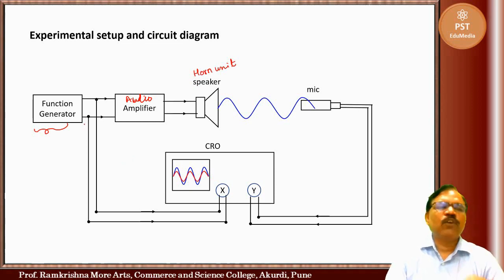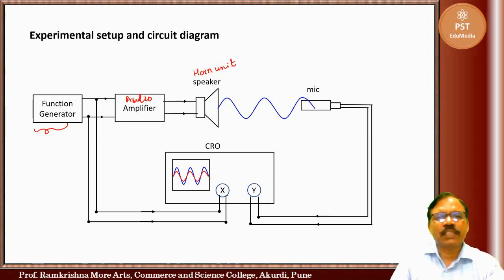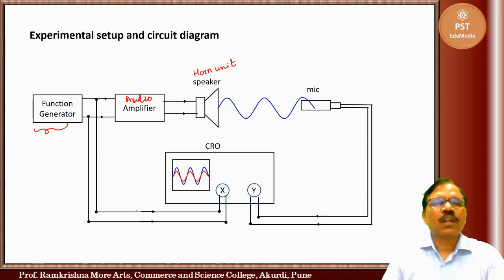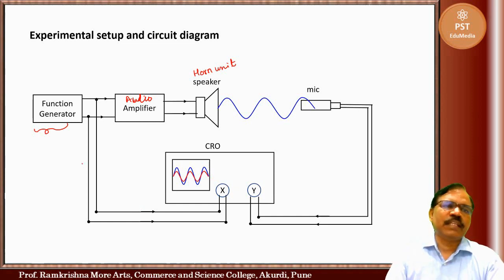To see the waveform of the input signal, we will connect the output of the function generator to the X channel of the CRO. So on the CRO we will get that waveform. Now when we switch on the function generator and amplifier, the speaker will emit sound of that frequency, whatever frequency N we set up here.